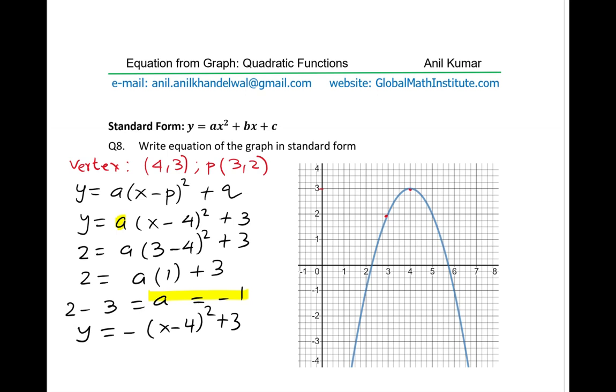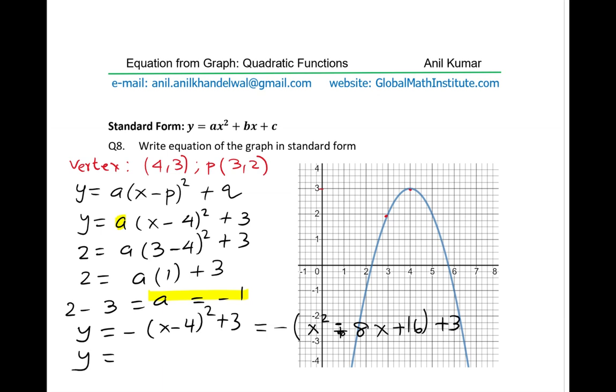Correct? Since we need standard form, we need to open this bracket. So let's open this bracket. Let me extend it here. So we get minus of x squared minus 8x, minus 8x. This is minus in between, and 4 square is 16, so plus 16 plus 3.